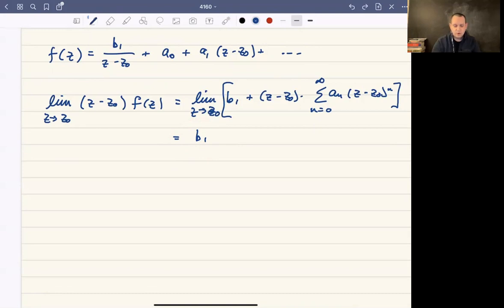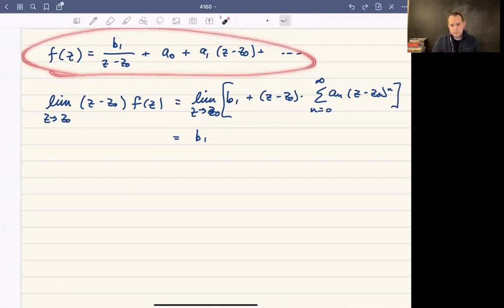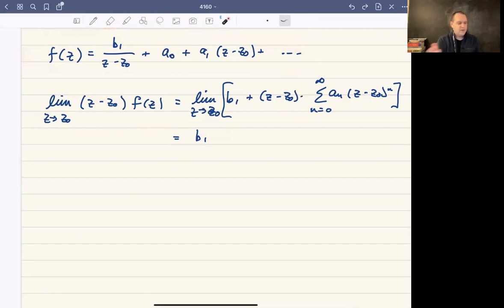So you have a simple pole, which is a pole of order 1, and b1 is the residue. The converse follows basically by the same idea of looking at the Laurent series and thinking about what it means for this limit to exist and to be non-zero. It means that f must be exactly of this form. A little bit hand wavy, and I'm not going to go over the rest of it, but that's really it. This will be super useful for us.